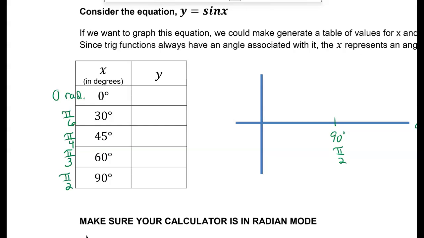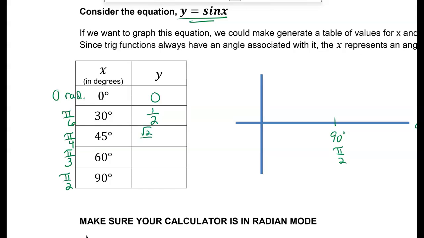Now let's do our output. Our outputs are going to be our ratios, and this is for our equation y equals sine of x. So we're putting our input, our angles, into our sine function. What's the sine of 0? 0. What is the sine of 30 degrees, or the sine of pi over 6? 1/2. What is the sine of 45?